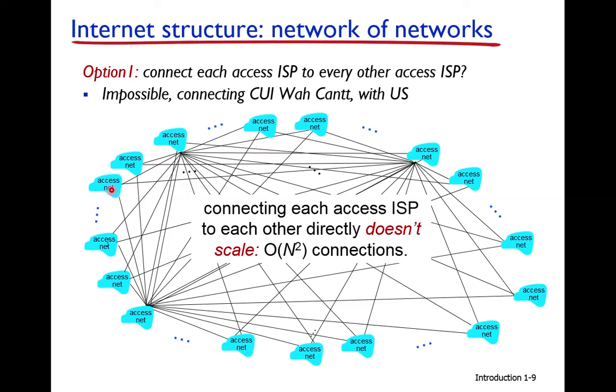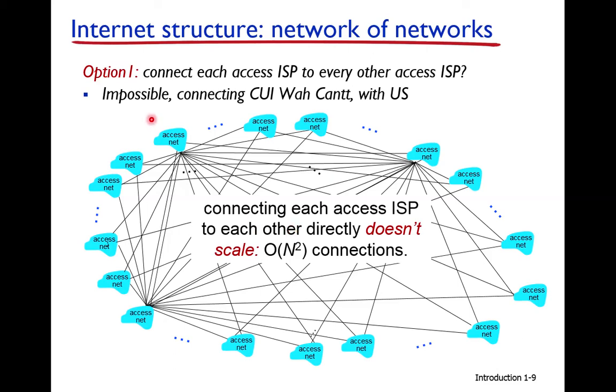For example, in Wah Cantt we have an access ISP, and it will be connected to access ISPs not only in Pakistan but also worldwide, for example in the US, in India, in Bangladesh, in Saudi Arabia, and so on. This option is not workable. It is not feasible.